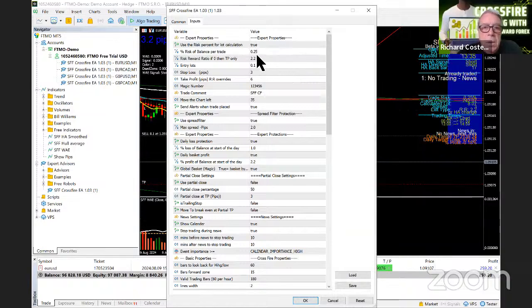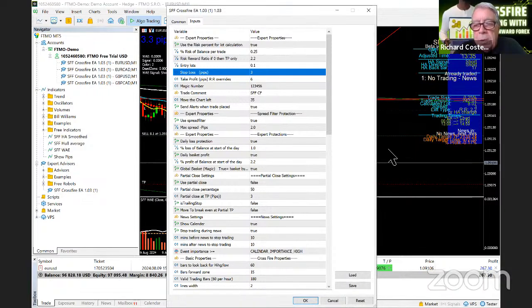I've got 0.25, and really we started out with a risk to reward of 2. So we were trying to make a risk to reward of 1 to 2. I've increased that to 2.2 to reflect more accurately.